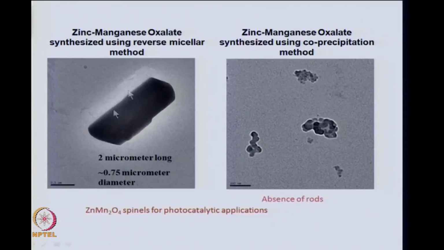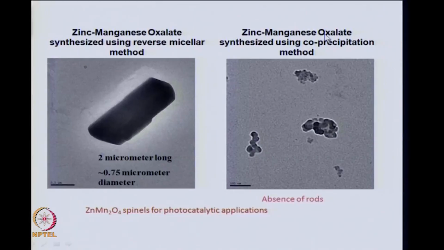And as you see, this microemulsion process containing a cationic surfactant gives a nanorod kind of morphology, whereas in this case, where we have not used any surfactants or microemulsions, you can see that there are no rods or anisotropic structures. They are more or less spherical agglomerated particles of zinc manganese oxalate.